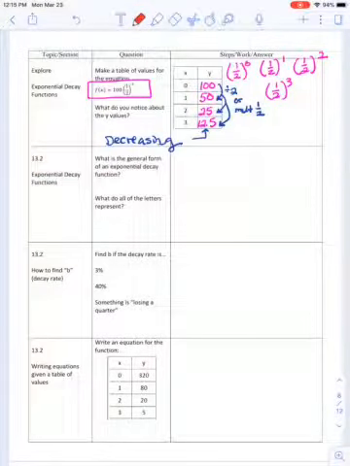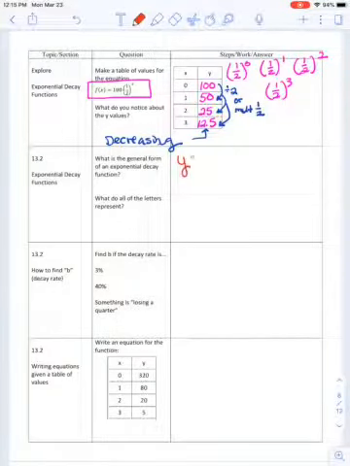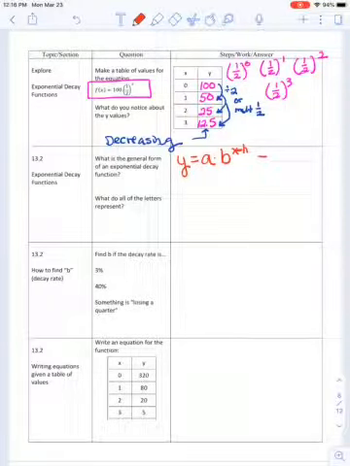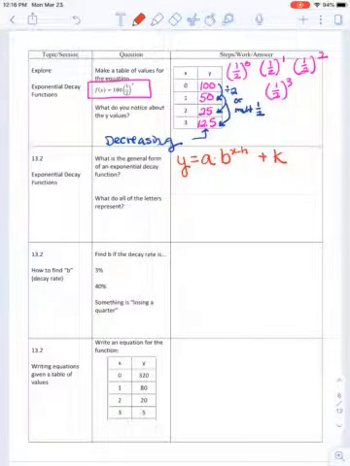So what's the form? The general form for an exponential decay function is the same as what we looked at last week: A times b to the x minus h, oops, sorry, that's a minus, x minus h, plus k.